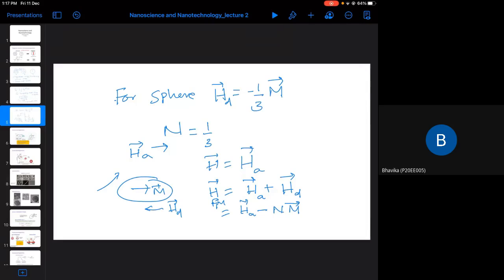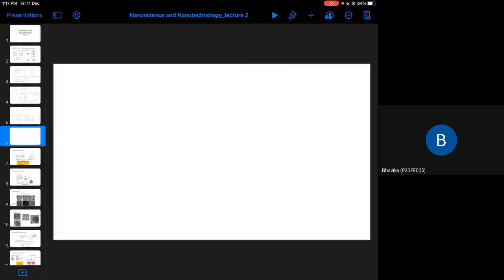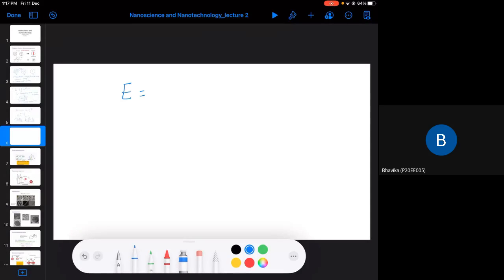So now, how do we calculate this energy? As I said before, energy will be equal to minus half mu naught HD dot M into dV, so into volume.